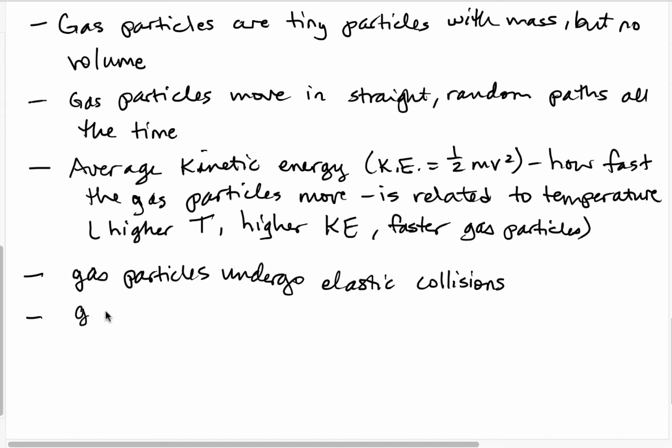And the other corollary of these gas particles undergoing elastic collisions is that they don't interact with each other except through these elastic collisions. So they don't experience attractions or repulsions.